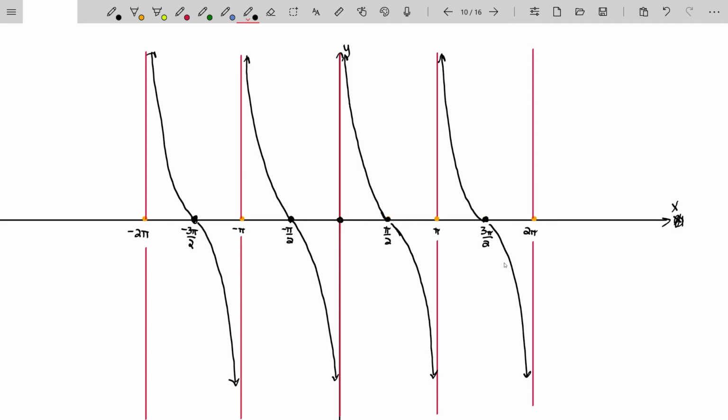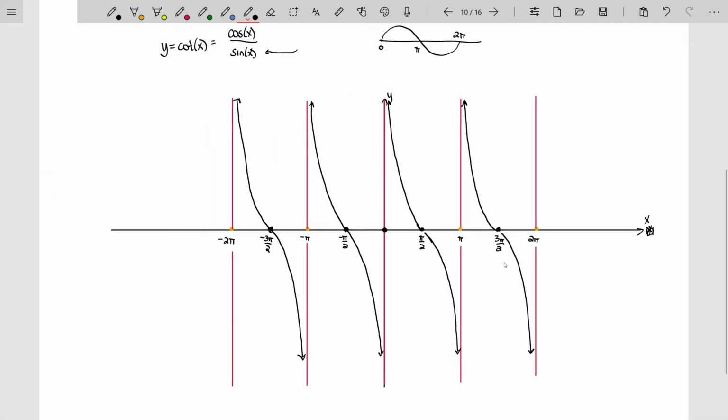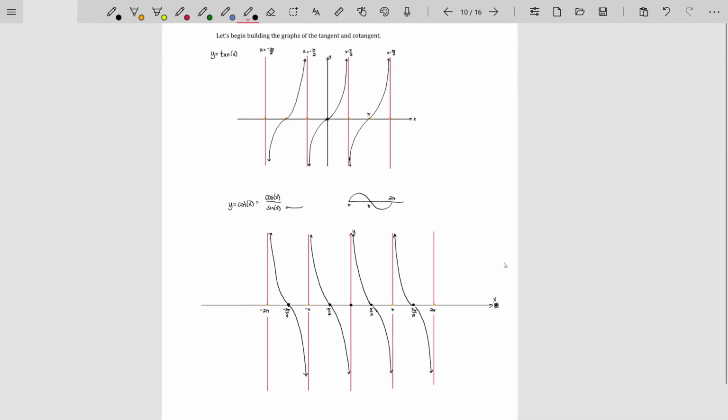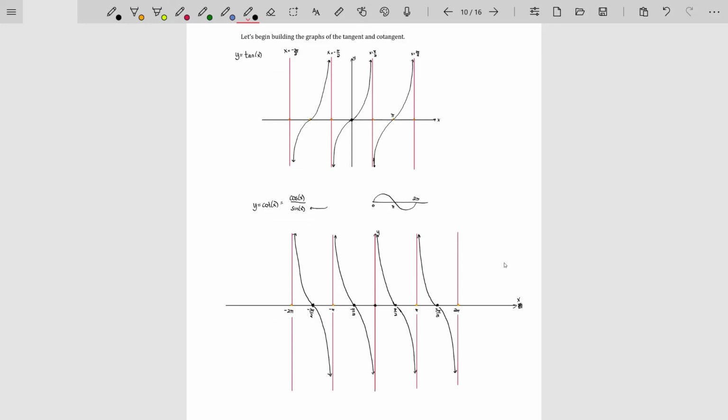It is not a very common function to graph. So just a heads up, it's not a common function to graph. That's all I need to really say. In the next video, we're going to graph these, and yes, I will graph the cotangent function. But again, you're not often going to be asked to graph the cotangent. Tangent, on the other hand, does get graphed, but the cotangent, not very often.